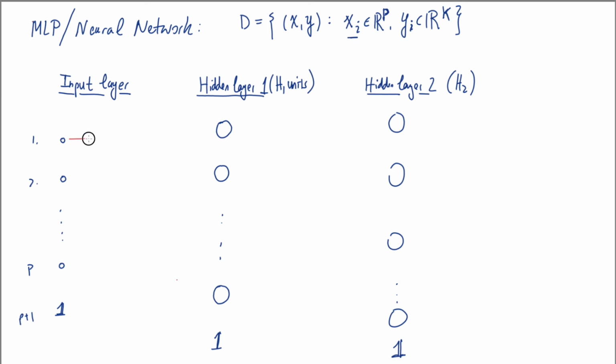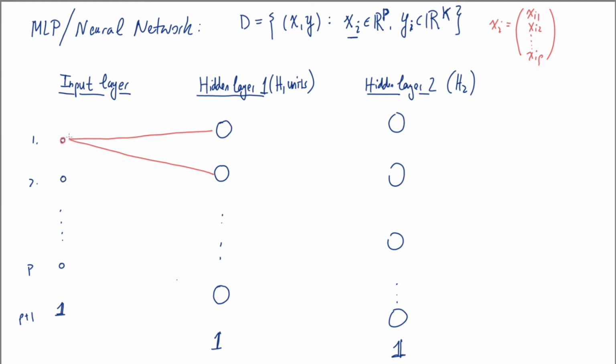Okay, so the input side, the first input side, so by the way, xi is xi1, xi2, up to xip. So you can think of this as your features.